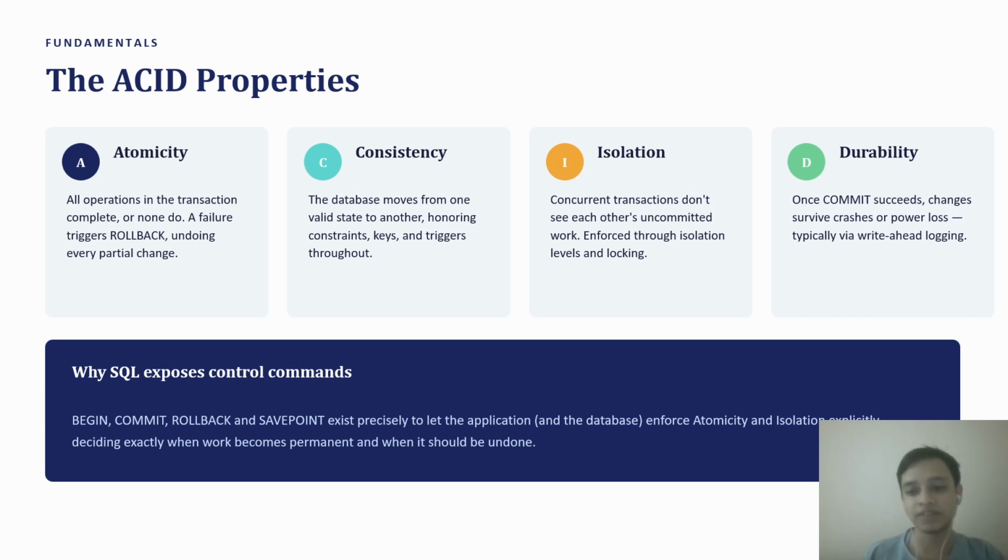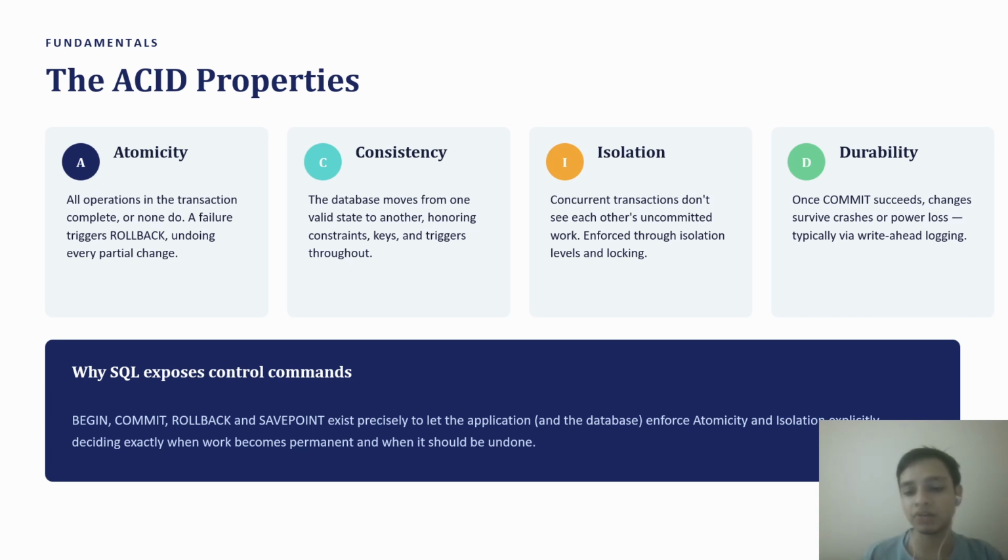Coming to the C of ACID, which is consistency. When the database changes after one transaction, the data inside the database should move from one valid state to another valid state. For example, if in a transaction I have 100 rupees in my account and 100 rupees in my friend's account, I paid him 20 rupees.